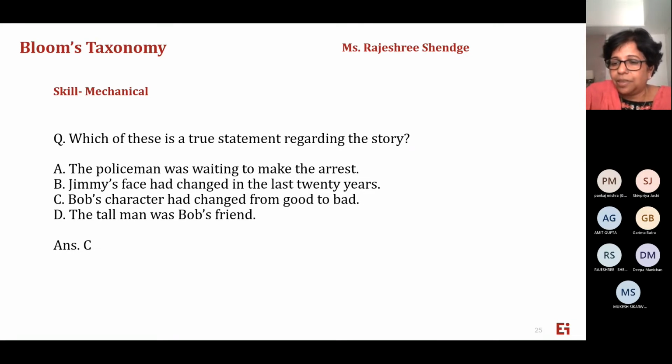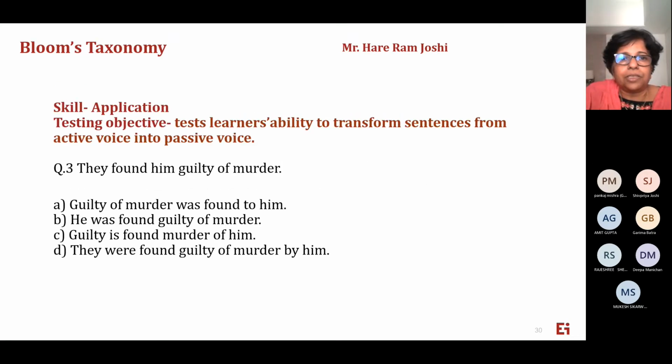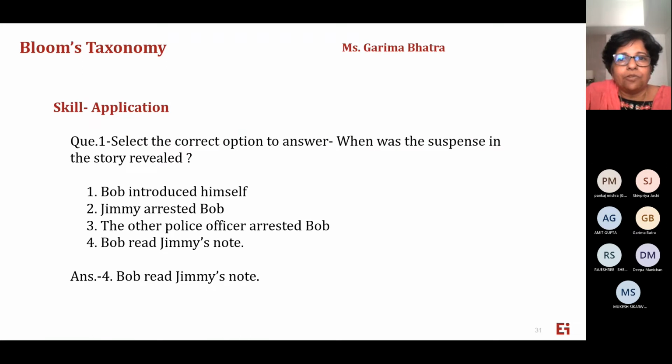Yes. So now coming back to that question, when was the suspense revealed? Joshi sir is saying that when he read this, he could immediately know there is no other point except where Bob read the general's note; that is where the climax is revealed. But it is definitely not mechanical.